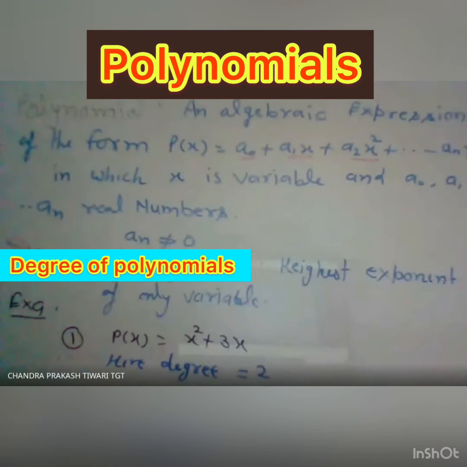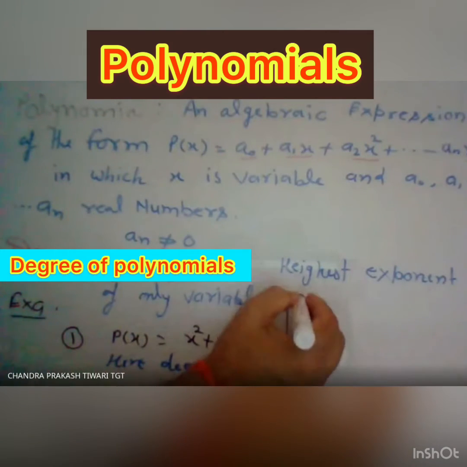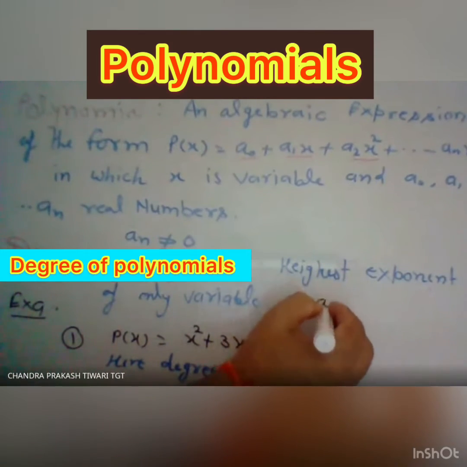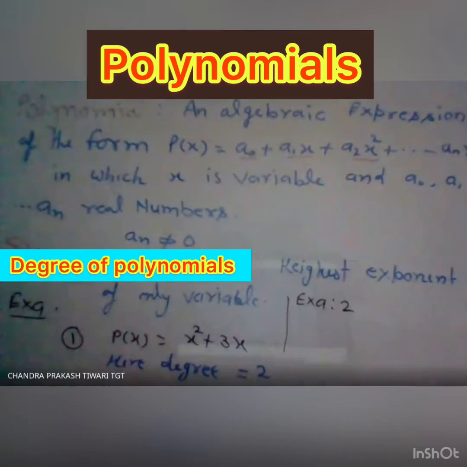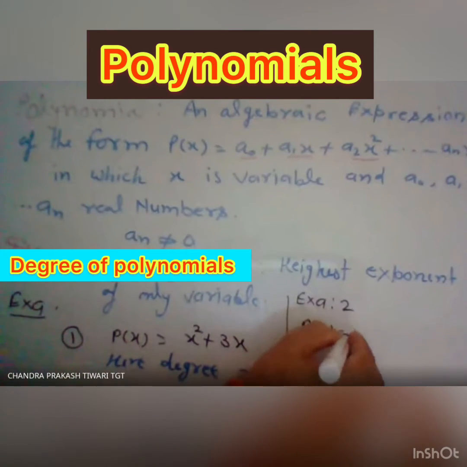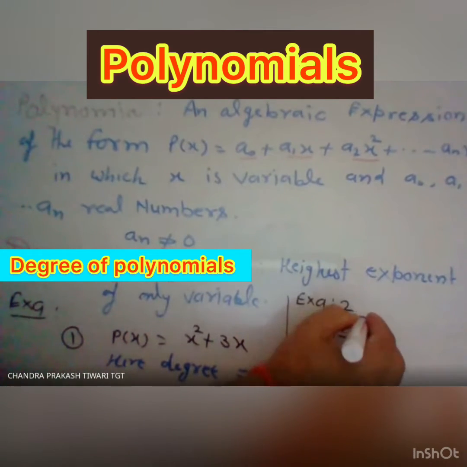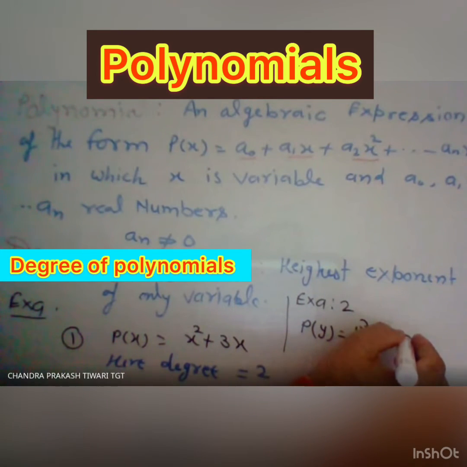Let us take another example for this. We have to write py. Example number 2. Py equal to y raised to the power of 3 plus 2y minus 30.